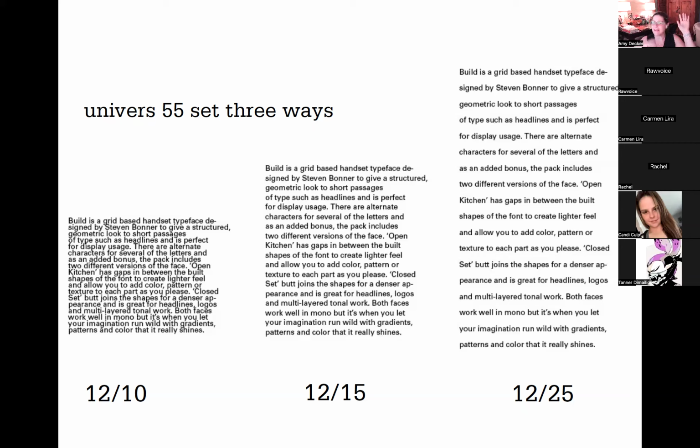How many of us have done that? You've read something and you're like, gosh, I keep rereading the same line over and over. Yeah, that's because there's too much space between lines, and our brain is like, I'm lost. I'm lost. I can't find it.